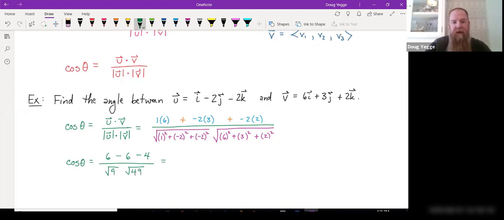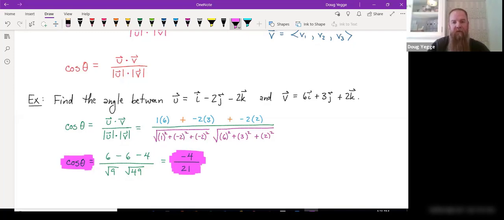So that gives me -4 in the numerator, and in the denominator, 3 times 7 is 21. Now notice that all that's saying is that cosine of the angle between them is equal to this ratio.